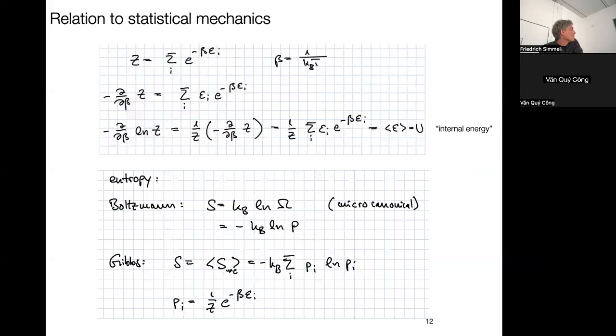That's just a crash course for everybody. So there is actually a relation to statistical mechanics, and the free energy can be obtained from the partition function in statistical mechanics.